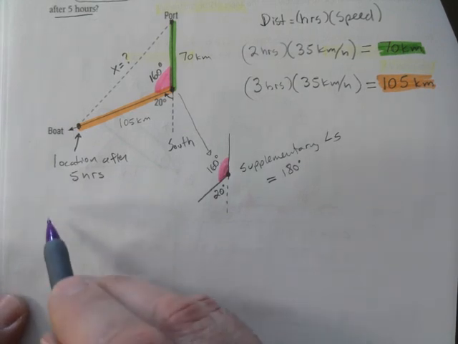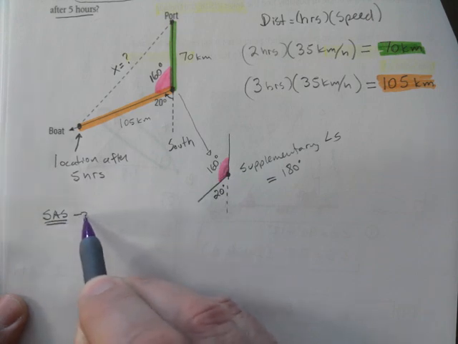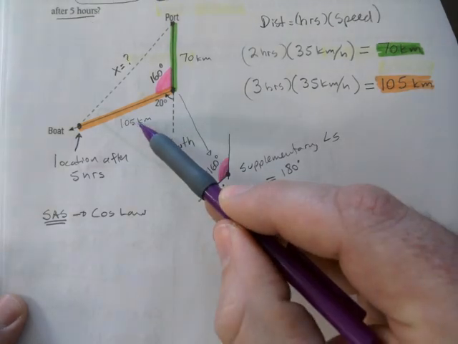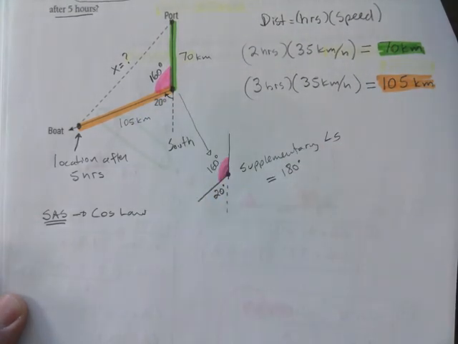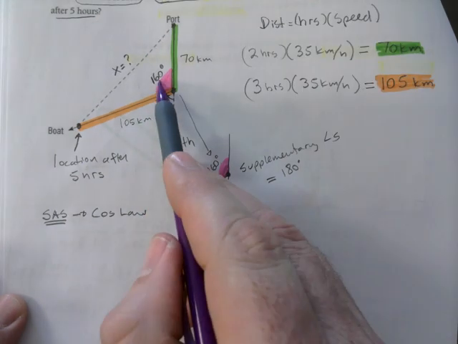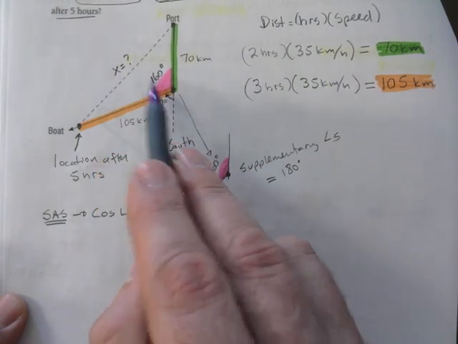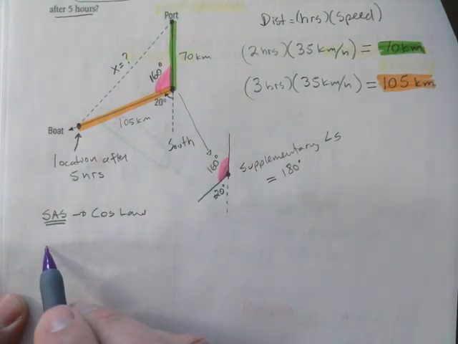You will notice that this is an SAS scenario, right? Which means cosine law. You have the side, the angle, and another side. It's sandwiched between the two sides. And since the 160 is given, you can solve the side across from it. There's something about pairing things up, the angle and the side, right? However, cosine law looks a little different.